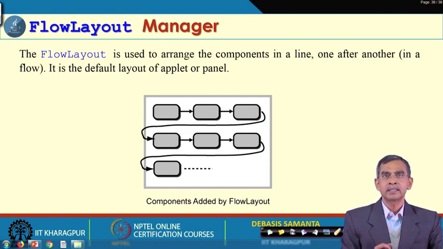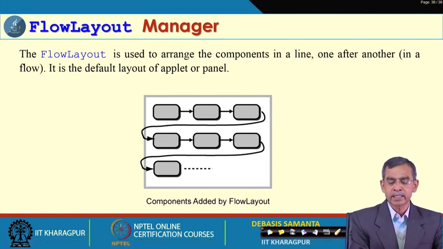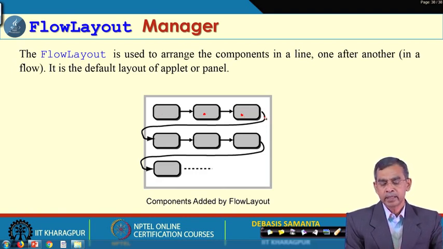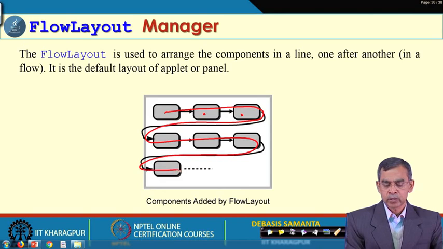The flow layout manager says that if you add the first component, it will go here in this position. The next component will go automatically here, then next here, and once these places are filled, the next will come there. So, it is row wise, and this way the container will go on automatically filling.